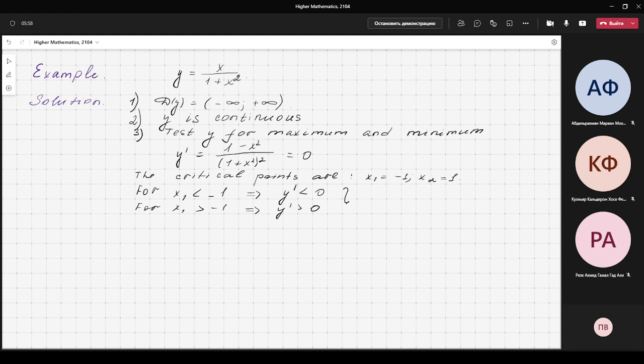Hence, at x equals minus 1, the function has a minimum.